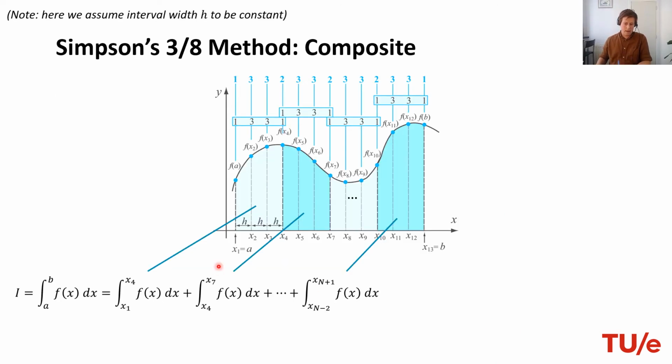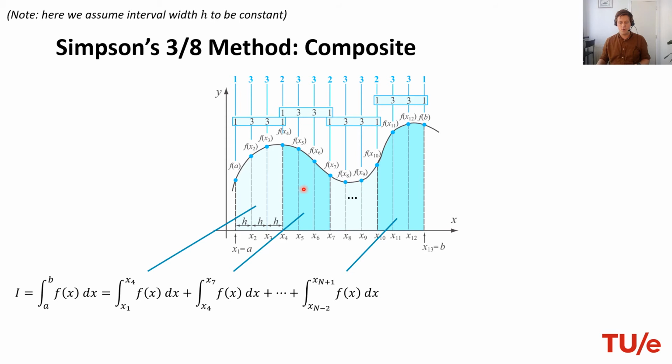Now, again, also for Simpson's 3/8 rule, we can come up with a composite rule. Because we use 4 points in this case, we do not integrate it only over 2 or 3 points, but we have to integrate it from x1 to x4. So that means that for this first interval, we need this point, this point, this point, and this point, because through those 4 points, we can fit a cubic polynomial.